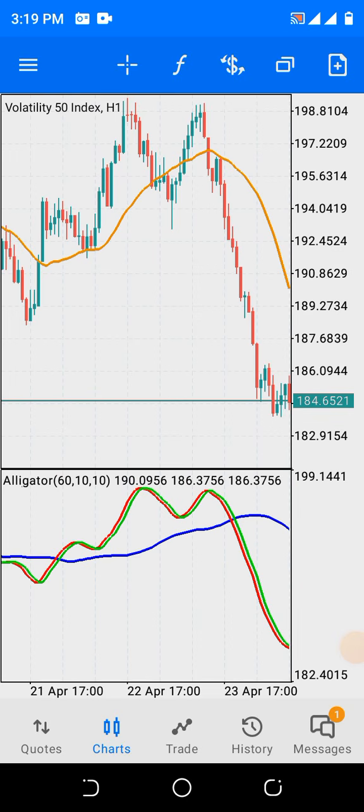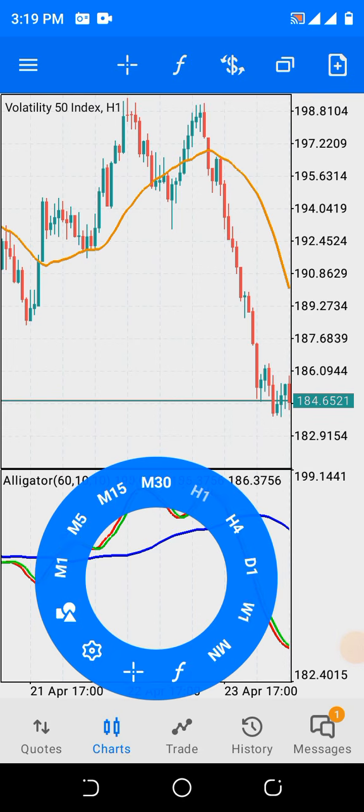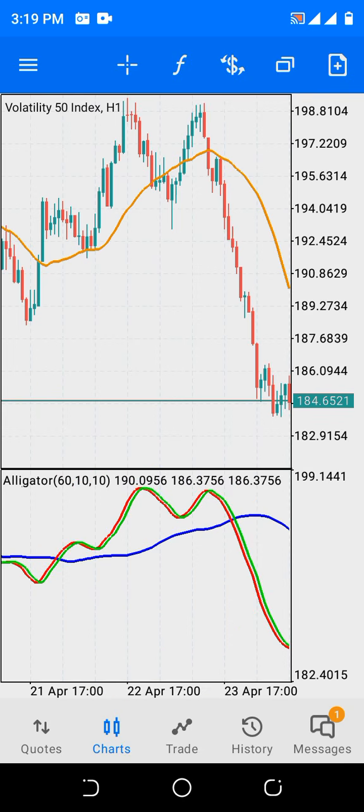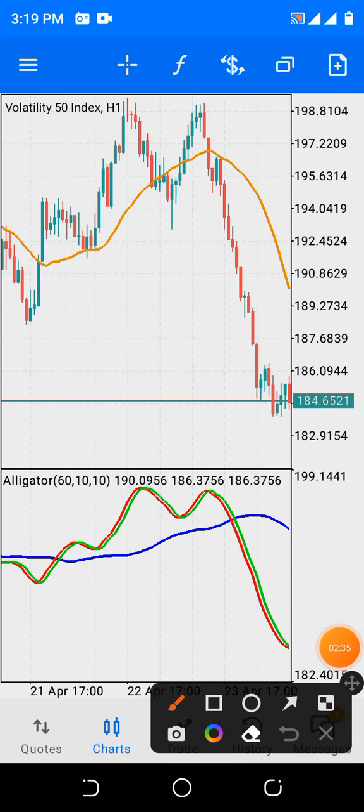Where the green line and red line of the alligator cross the blue line, that is where you need to make your entry. If the crossing is from down upward, that is a buy signal. If the crossing is from up downward, like in this case, this is a sell signal.